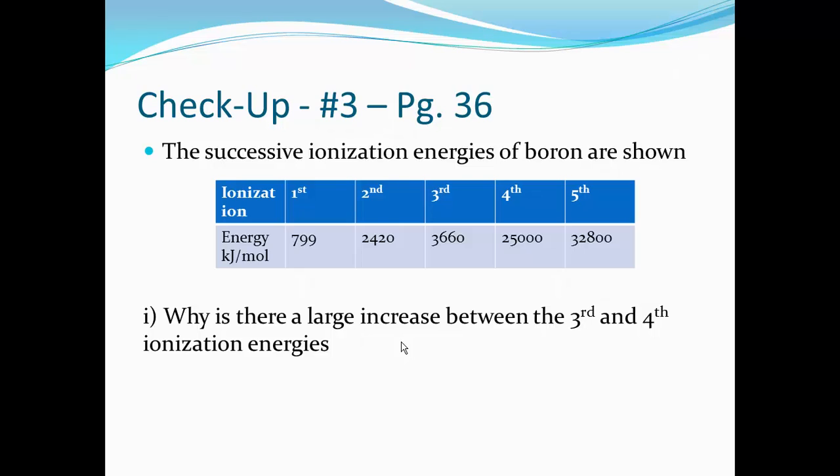Alright, so you have the ionization energies of boron, first, second, third, fourth, and fifth ionization energies. Why is there a large increase between third and fourth ionization energies? So between here you have 3,600 and 25,000 kilojoules per mole.